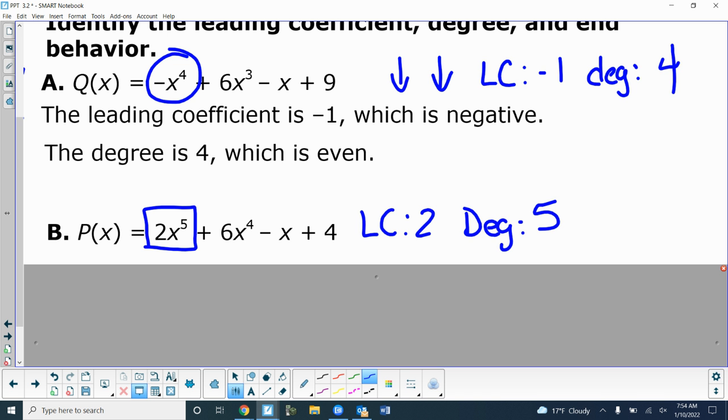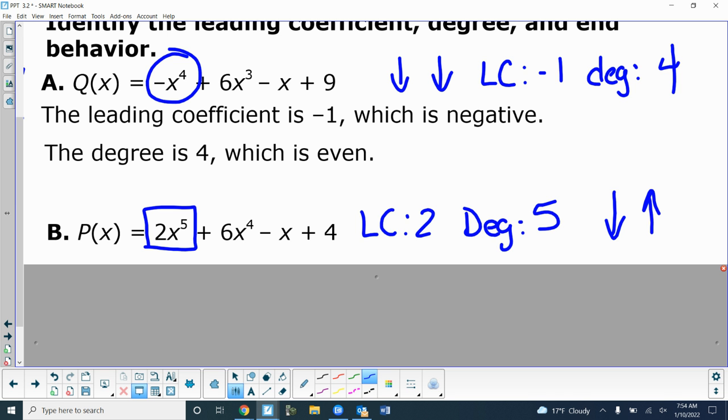Okay. Since my leading coefficient's positive, what's the far right doing? Towards positive infinity. Going up. All right. Since it's an odd degree, what's the far left doing? It's going down. Odd degree, opposite directions, your ends. Okay?